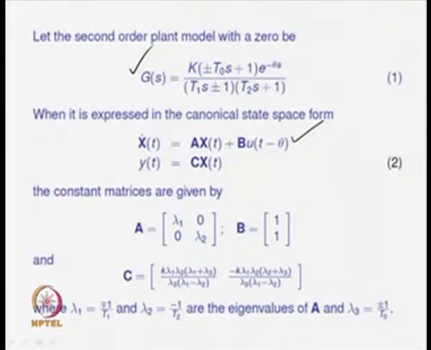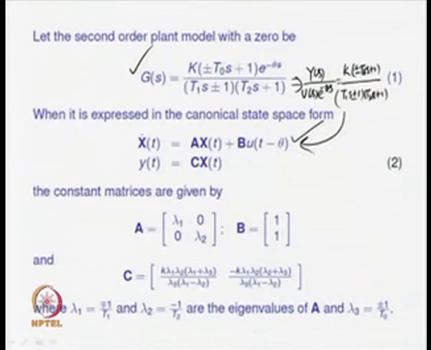Therefore, this G(s) in equation number 1 can also be written in the form of Y(s)/U(s) e^(-θs) = K (±T0 s + 1) / ((T1 s ± 1)(T2 s + 1)). So, this is how we have formed or got the state equation given in equation number 2. Similarly, the output equation is expressed as y(t) = C x(t).